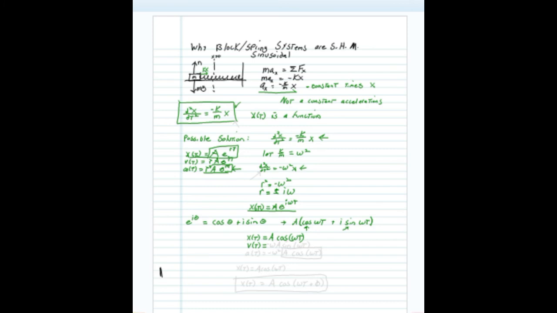So we have omega a sine omega t, and with a minus sign. And then if you take the derivative again to get the acceleration, again, you're going to take the derivative of what's inside there. You're going to bring the omega out in front. You're going to get negative omega squared a cosine omega t.